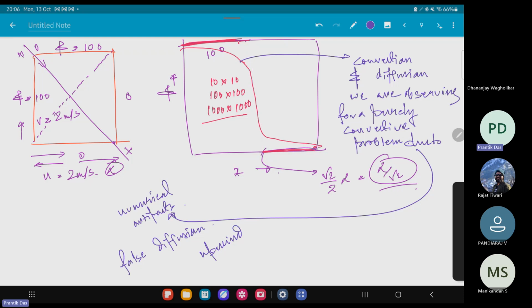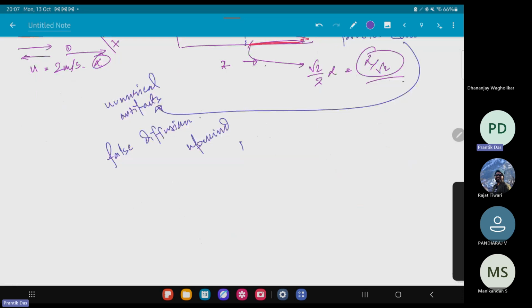So I want to solve the equation using the upwind scheme programmatically, and then show you whether we get this profile or not. My equation will be del dot rho V phi equal to 0, a purely convective one.